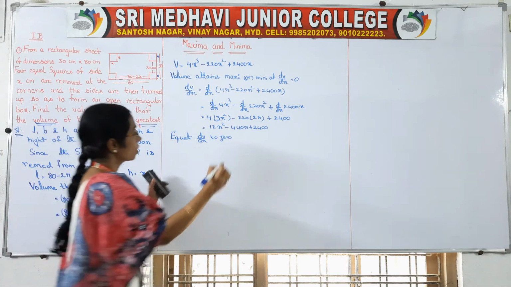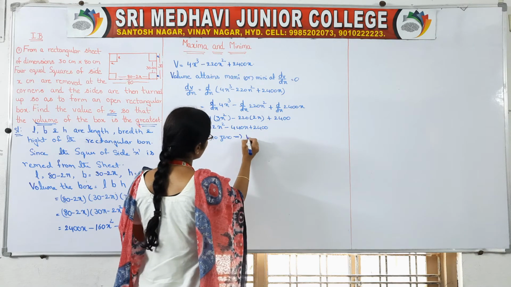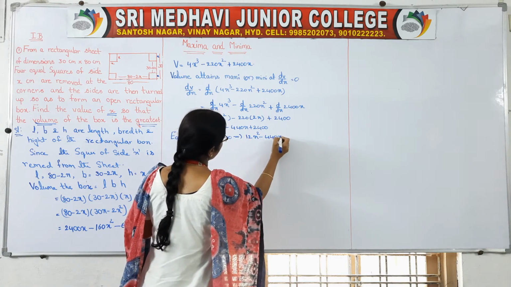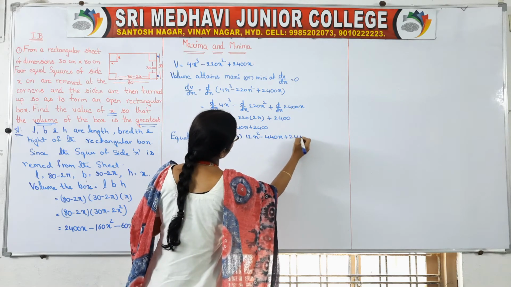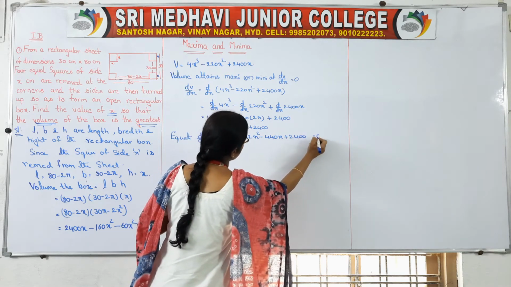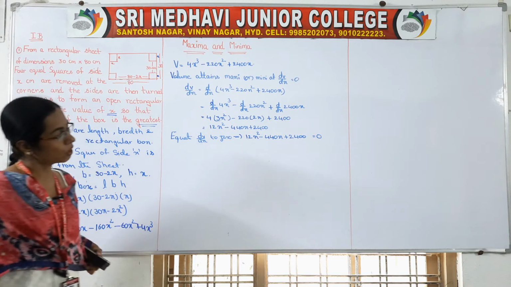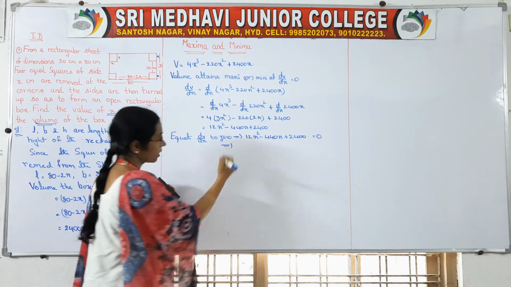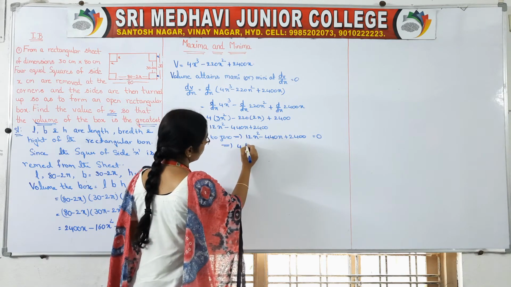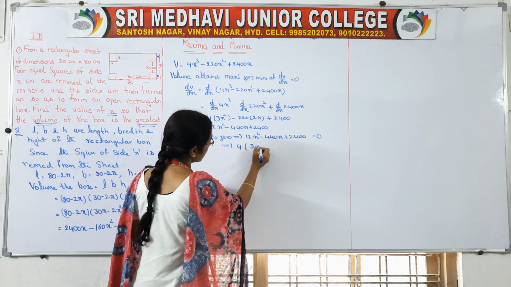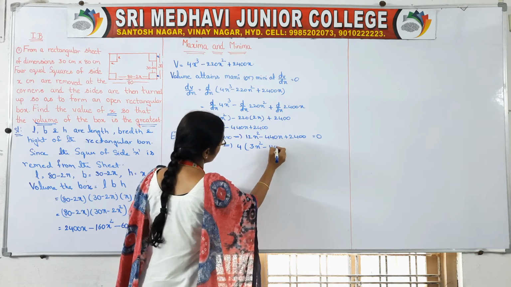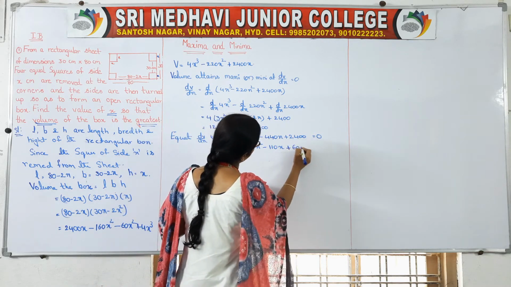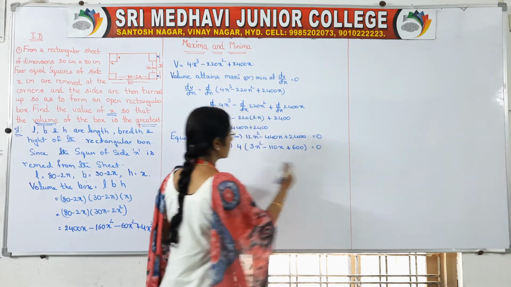So 12x square minus 440x plus 2400 is equal to 0. Which number can be taken common? We can take 4 as common. Then 3x square minus 110x plus 600 is equal to 0.